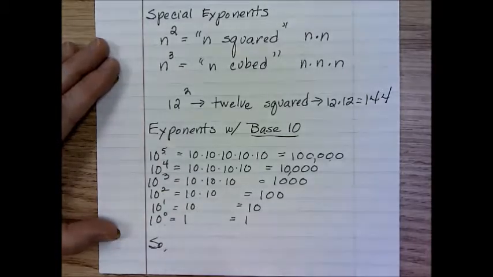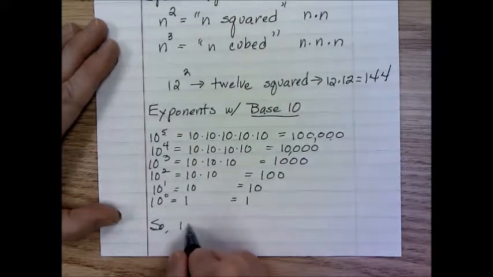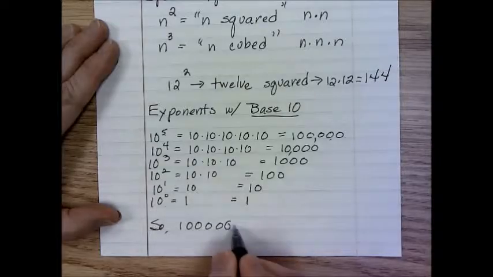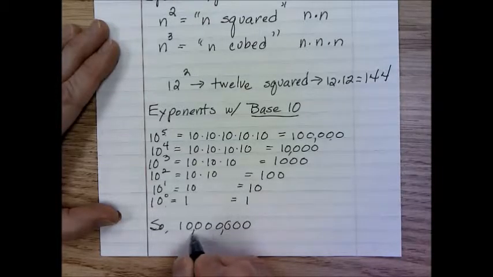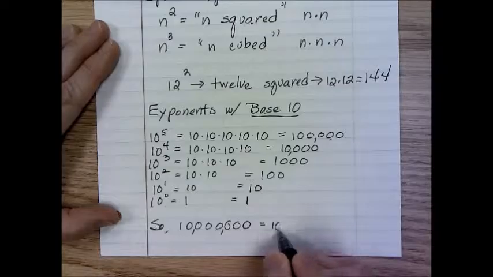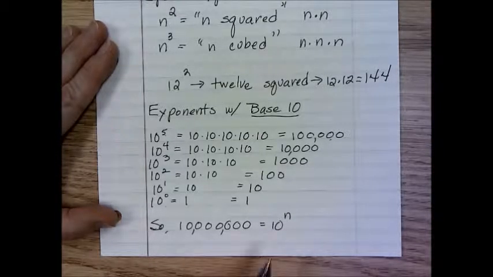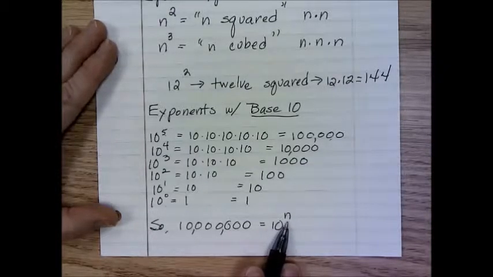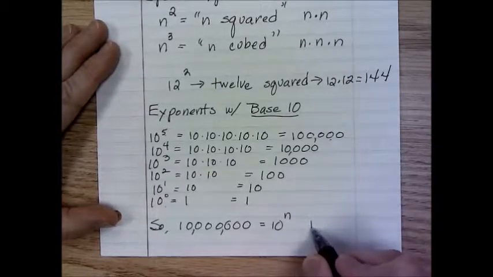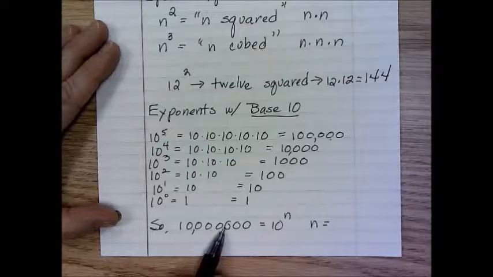So if we had the following, and we wanted to solve for n, in other words, what exponent is n, what we'd really have to do, very simply, is just go back and look at these zeros.